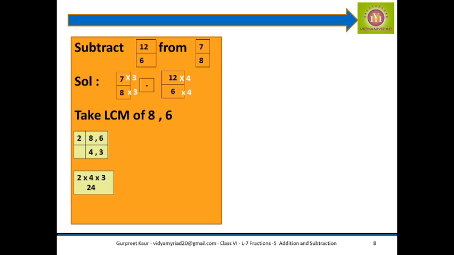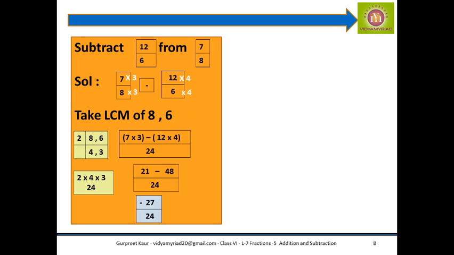So I can simply see that, I have done it in my mind for your easy calculations. So 24 will be your denominator, and in the numerator I can write it as 7 into 3 minus 12 into 4. This comes to 21 minus 48. This will be equal to minus 27 upon 24.